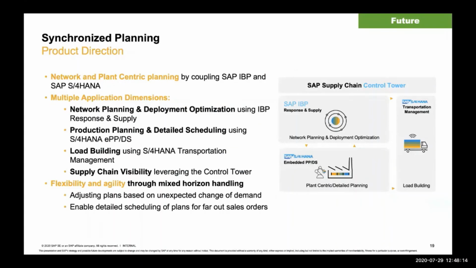Okay, so why is this important? We're really bringing together important pieces of this end-to-end process, and this includes our network view, deployment processes, production planning, logistics capabilities, and the ability to monitor in the control tower. When we look at our current capabilities, we have a lot of flexibility to do simulations in a solution that's much less rigid than APO. This topic expands our ability to provide quick responses in the short-term planning process.